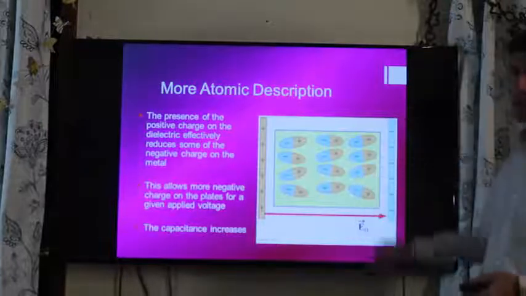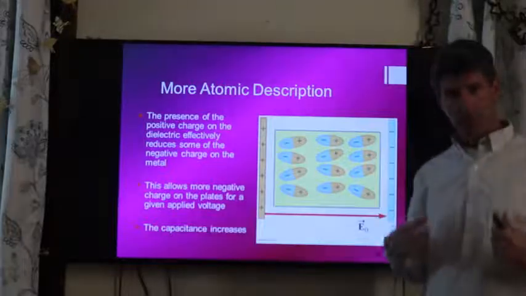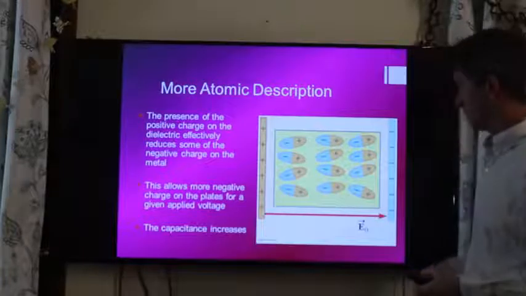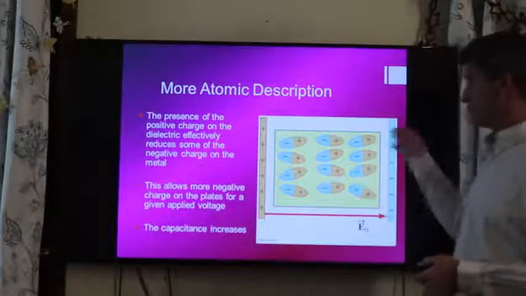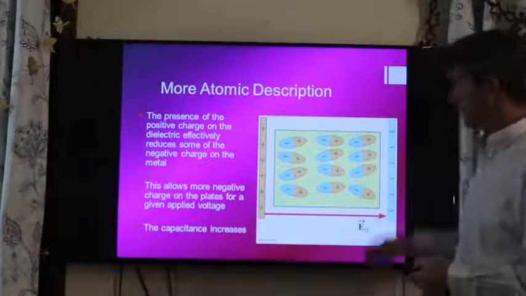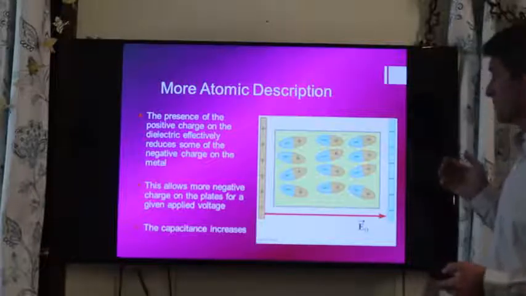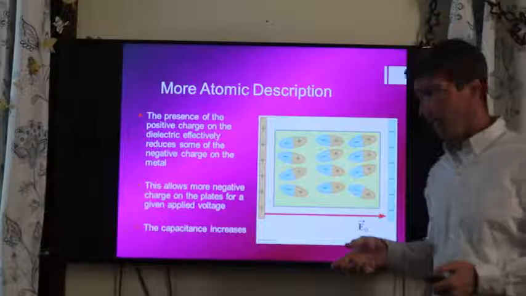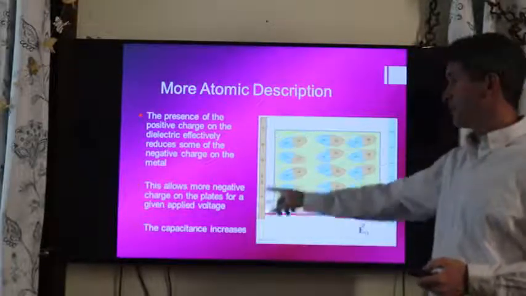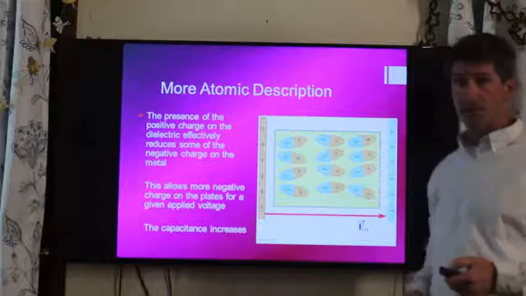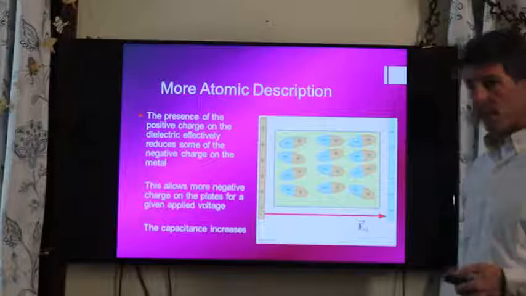So when I place my dielectric inside the capacitor, and then I place a voltage across the capacitor, the dielectric will polarize. Positive ends will point toward the negative electrode, the negative ends point toward the positive electrode. As a result, what I actually end up having here is two smaller capacitors, a positive plate here and then the negative ends of these dielectrics here, and a positive and a negative here.